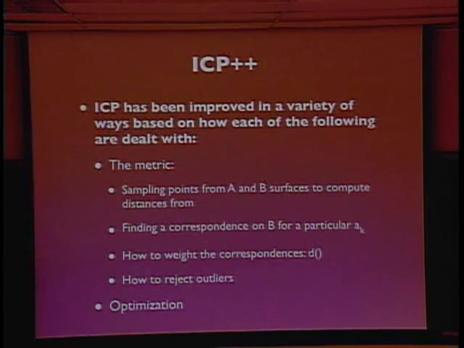Ways of finding correspondences and weighting the correspondences. So this is what you're going to do in the homework assignment, actually, is find ways to weight the correspondences so that some of them have higher weight and some of them have lower weight. And then outliers: points that are very far off that have no corresponding point on the fixed mesh should not offer their opinion about how good the transformation is.